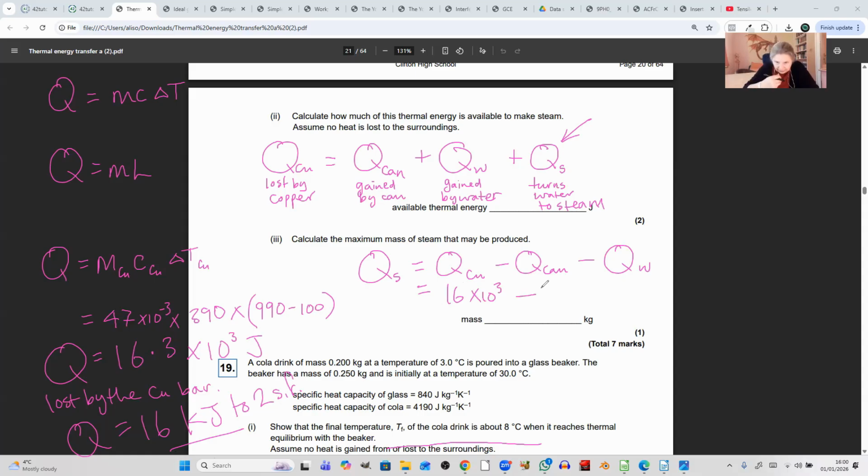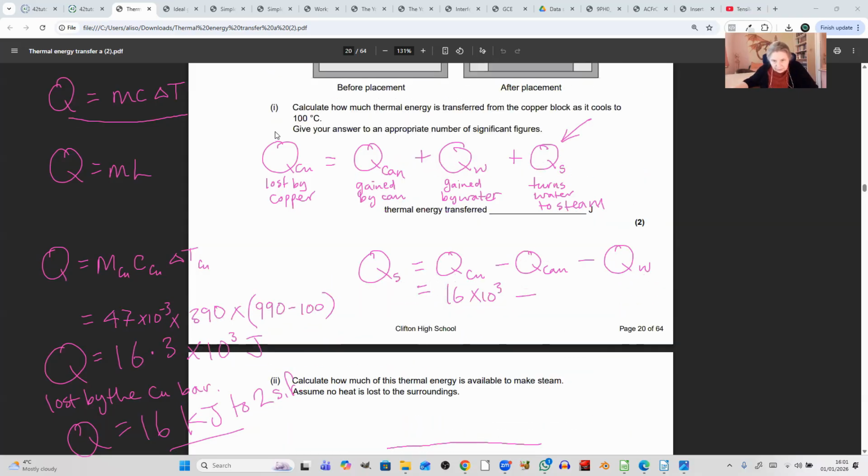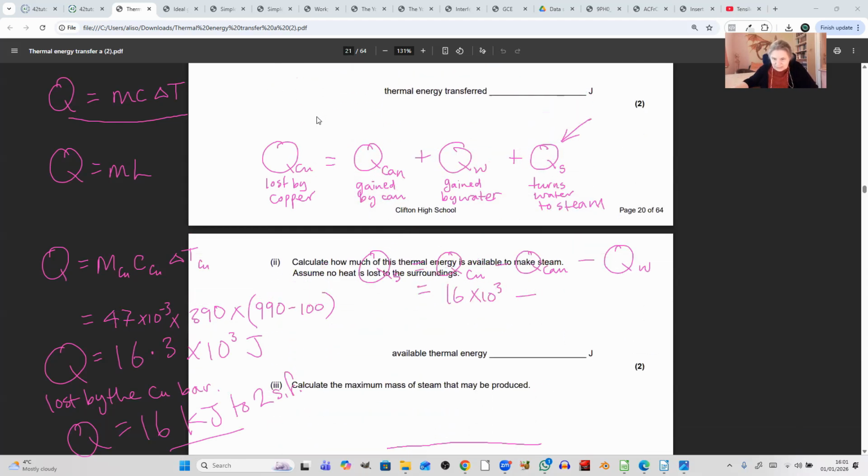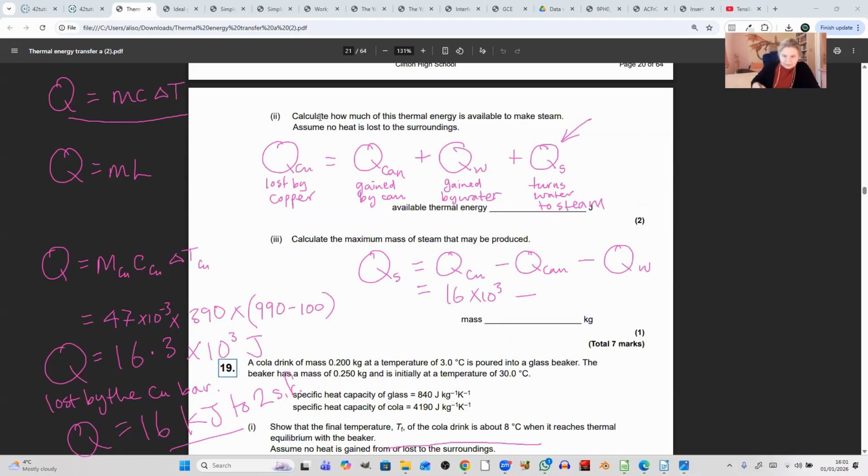Right, the can is just changing temperature. So we're going to use this equation for the can. And if I go back, what we know is it's 20 grams and it's made from copper and it's at 84 degrees. So we can do m for the can, c for copper, and then our temperature change is delta T for the can.